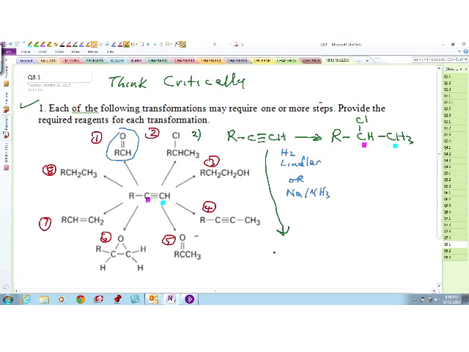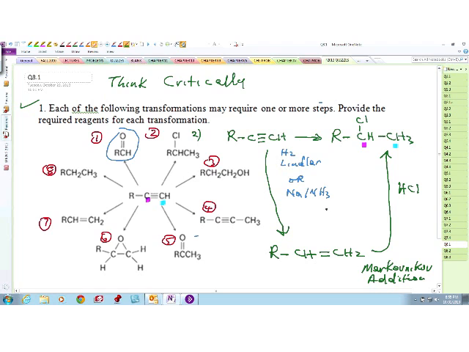If you do that, of course we get the alkene. And then from the alkene, what do we do? What reagent do we need? Exactly. And that will now be a Markovnikov addition of hydrogen chloride to the alkene.